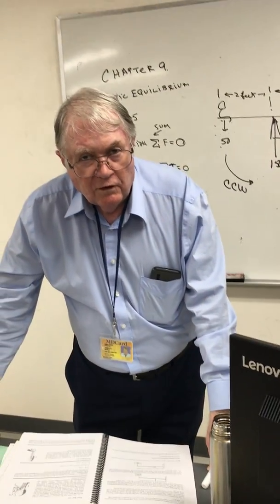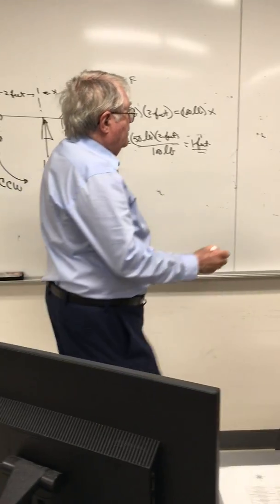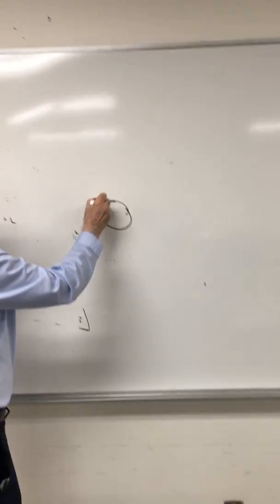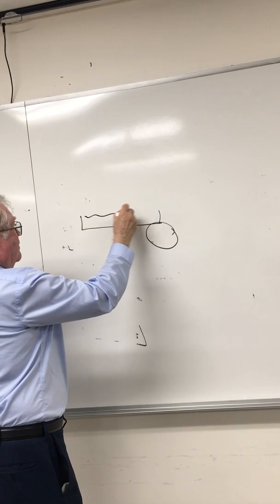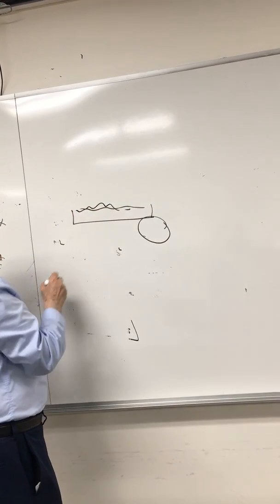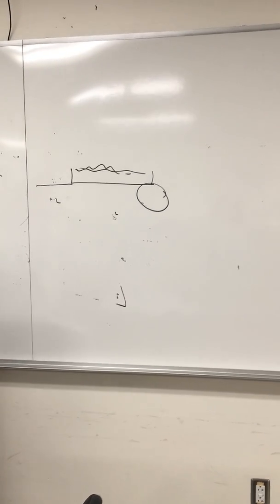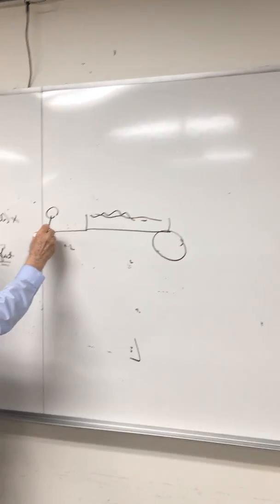I think everyone's familiar with the wheelbarrow. You have the wheel, like this, and you have a place to put dirt or whatever in here, and you have handles out here. You have a person out here trying to move the wheelbarrow.